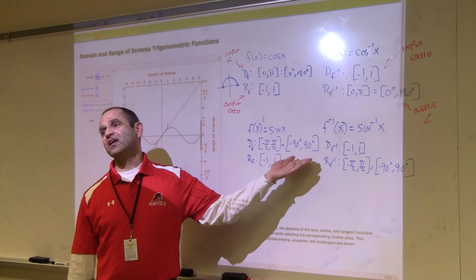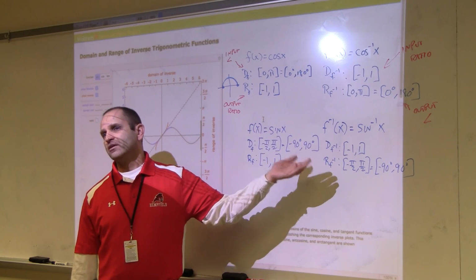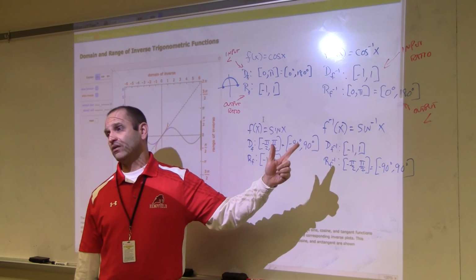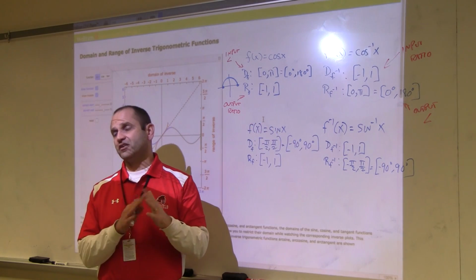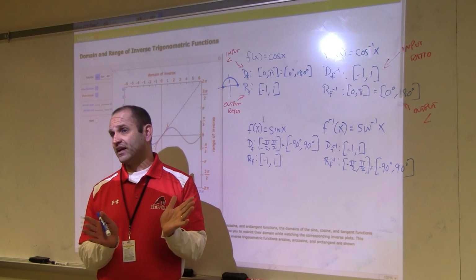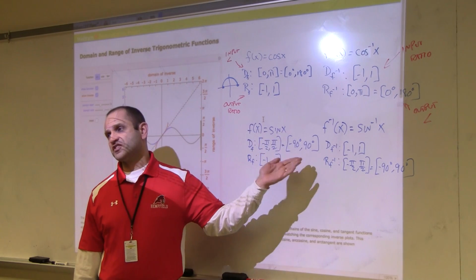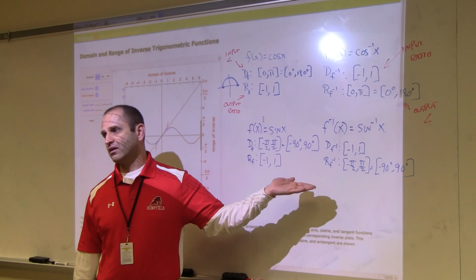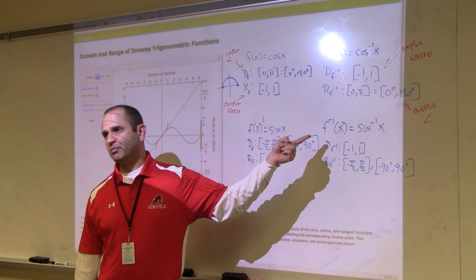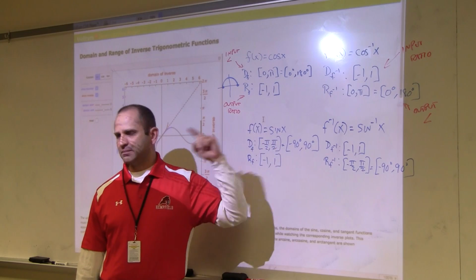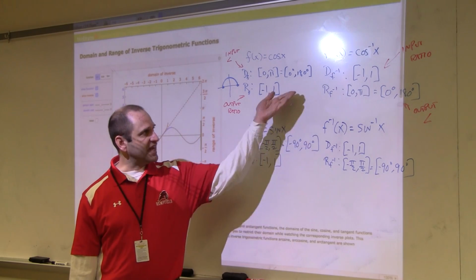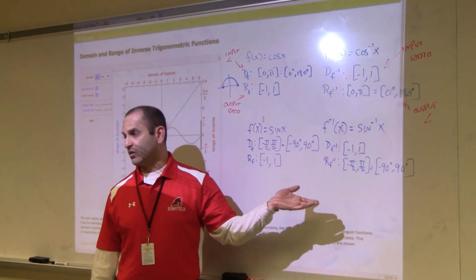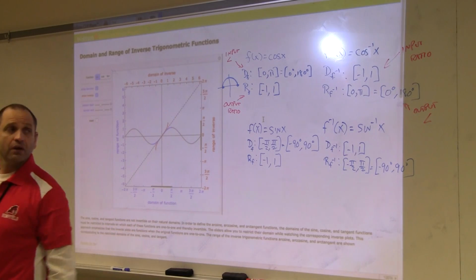Inverse sine will never give you anything bigger than 90. You'll never get a straight angle, you'll never get an obtuse angle. When we start looking at triangles that are not right triangles, there might be obtuse angles. You would not want to use inverse sine, if you can avoid it, to find that angle, because it's not going to show it to you on the calculator. You'd rather use inverse cosine if possible. So keep that tucked away in the back of your head, that does have important consequences for us moving forward. Okay?